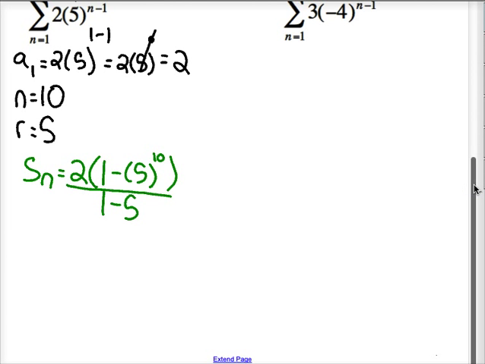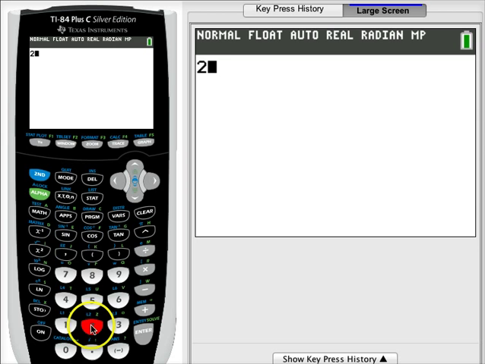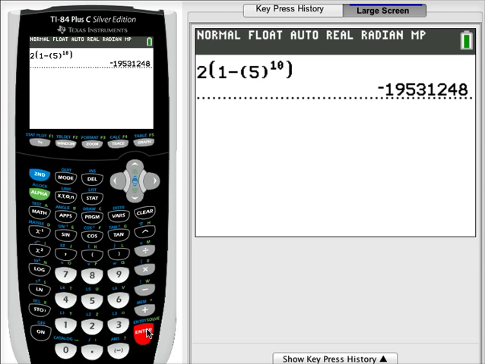All right, let's plug that into our calculator, shall we? So 2 times 1 minus our r, which is 5, to the nth power. In this case, n is 10. So we plug that in to get the top of our fraction. And you can tell it is a huge number.